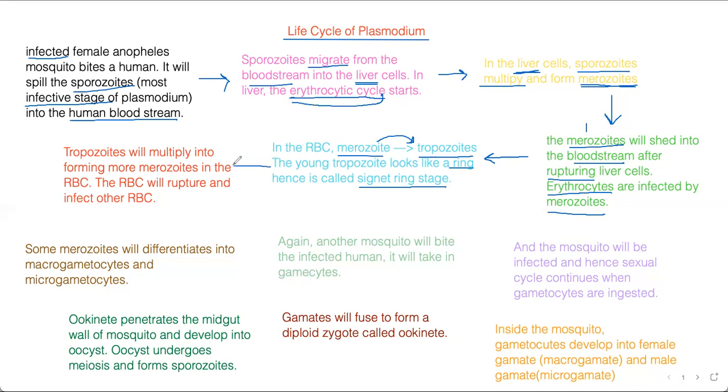Now, when the trophozoite grows and matures, it will multiply and form merozoites again. After maturation, it will look like its parent, so it is known as a merozoite. Those merozoites form in numerous numbers, and hence they cause the death of the RBC, and the RBC will rupture, and the merozoites are spilled into the bloodstream again.